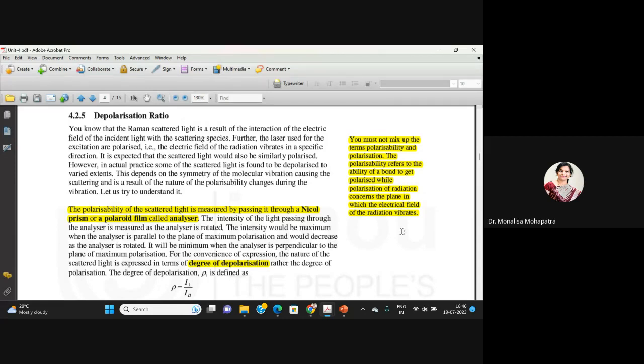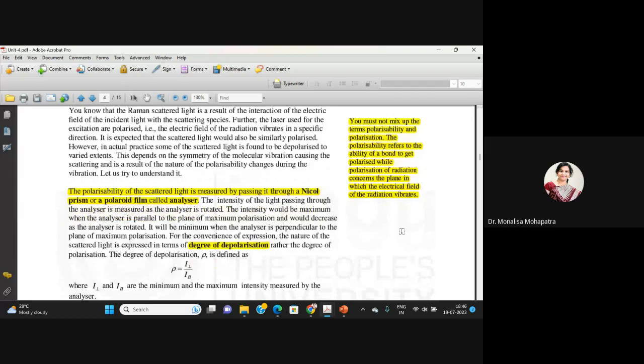Yesterday, I was telling you, you might remember, when unpolarized light goes through a polarizer, you get polarized light. Unpolarized light vibrates in all directions, but when you put a polarizer, you make the light vibrate in a single plane.